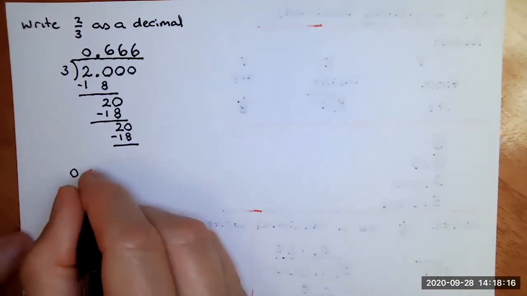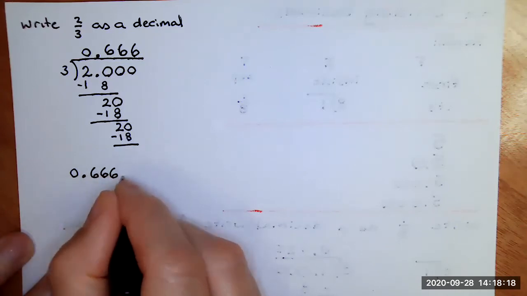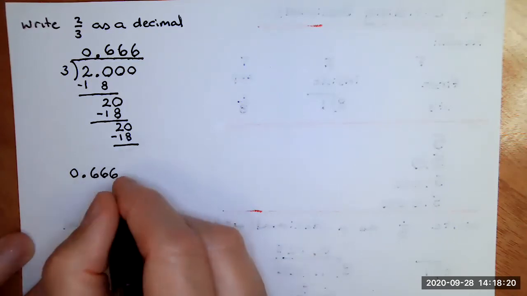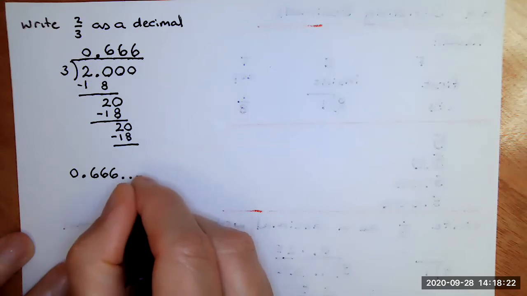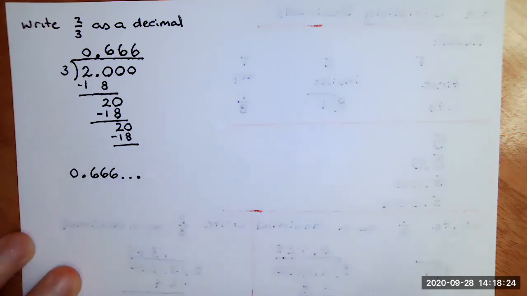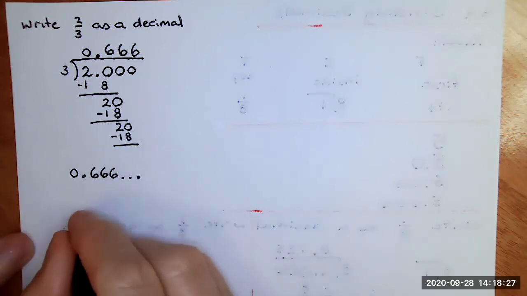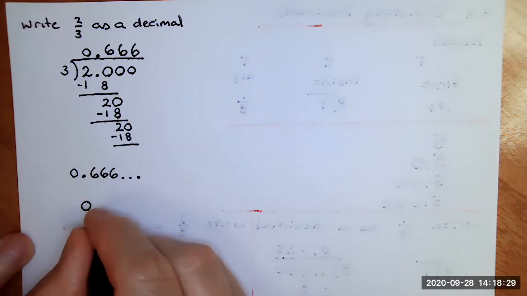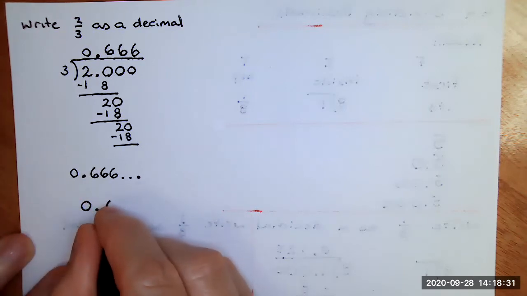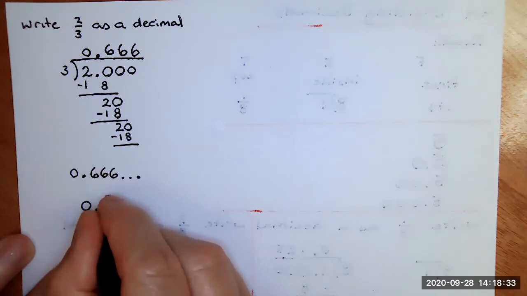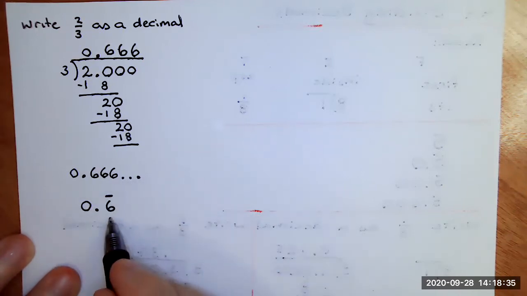So you could write 0.666 forever, or you could write 0.666 with dots. But the cool way to write it is to put what's called a repeater bar over the first number that gets repeated. So that's the official way to write a repeating decimal.